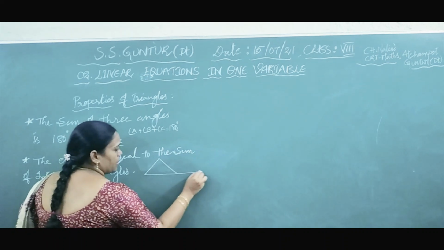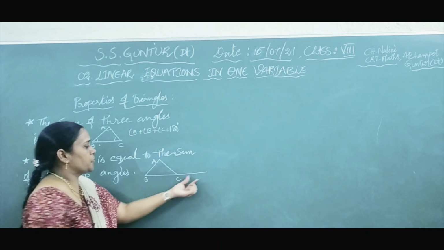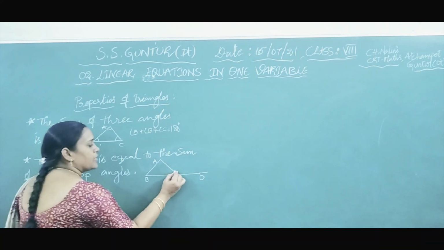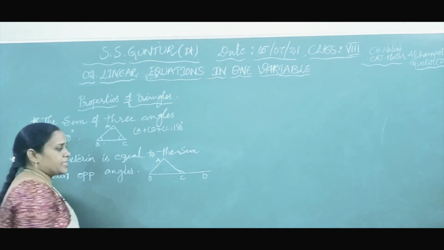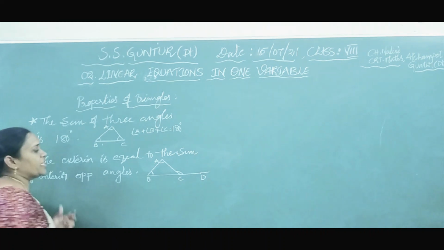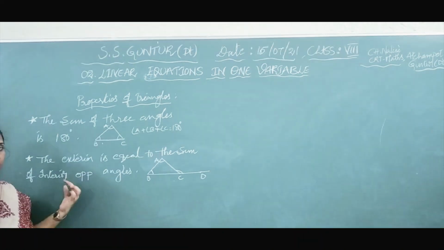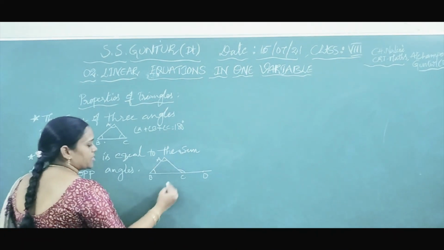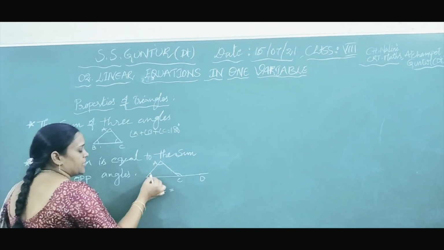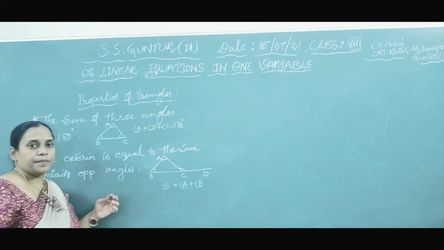BC is extended to D. Then here we form an exterior angle, angle C. The interior angles are angle A and angle B. Now what is our property? The exterior angle is equal to the sum of interior opposite angles. That is, the exterior angle C is equal to the interior opposite angles, angle A plus angle B. This is our second property.